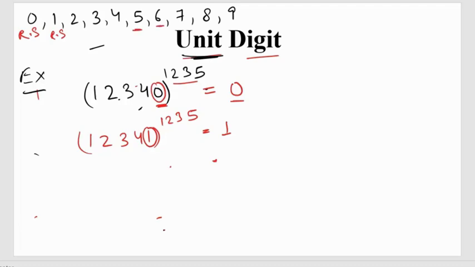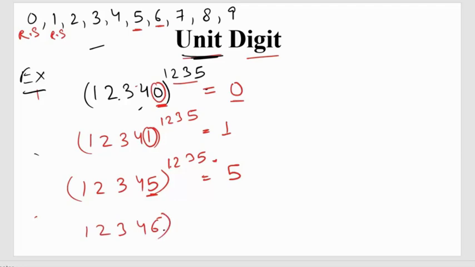Yes, there are 5 and 6. 5 raised to power 1, 2, 3, 5 has unit digit 5 only, because 5 raised to power anything always remains 5. Similarly, 6 raised to power 1, 2, 3, 5 is always 6, because 6 raised to power 1 is 6.